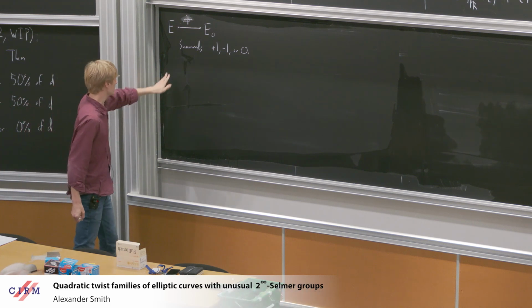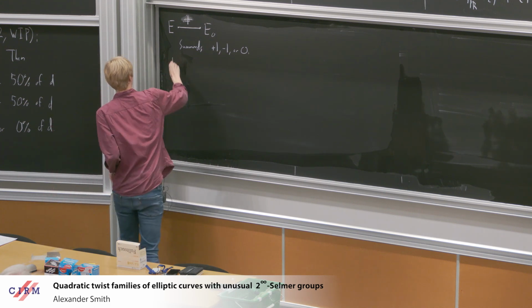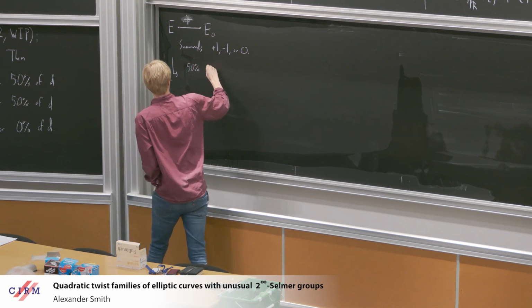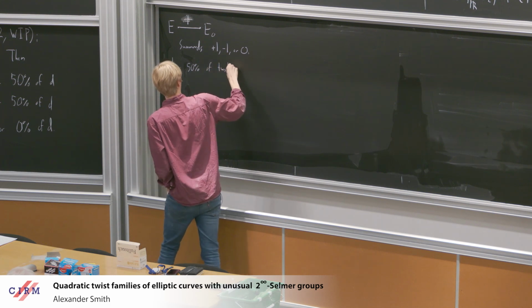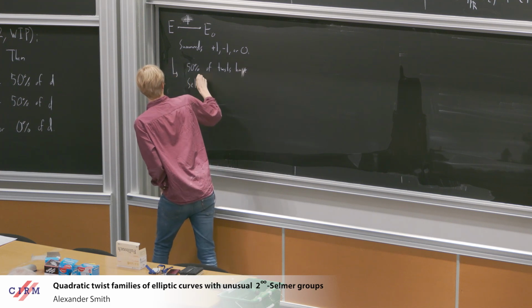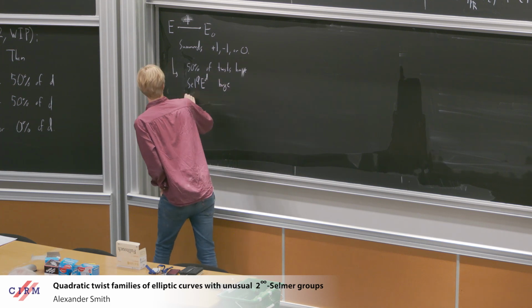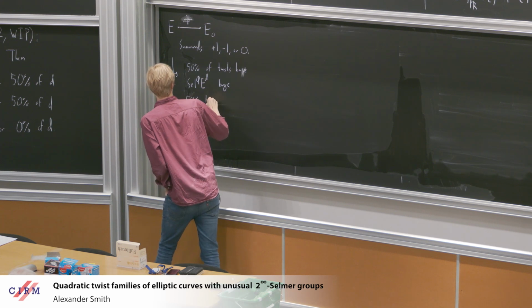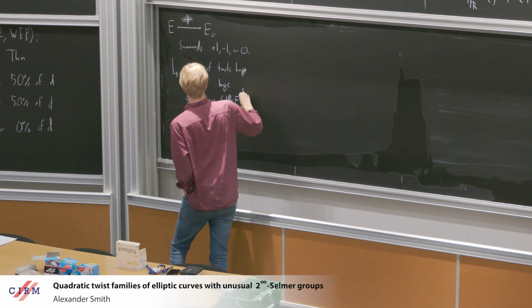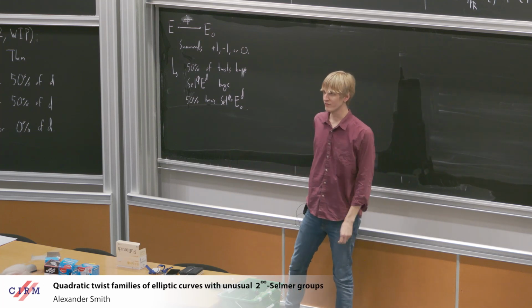And so what that means in practice is that when we consider the twists, we find that 50% of twists have a phi-Selmer group of E twisted by D huge, and then 50% have the phi naught Selmer group huge for E naught, depending on whether this thing goes really positive or really negative.